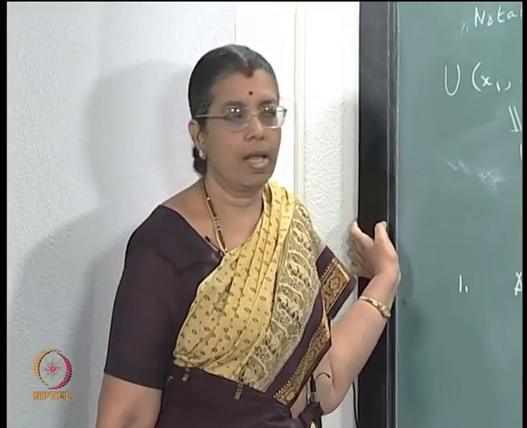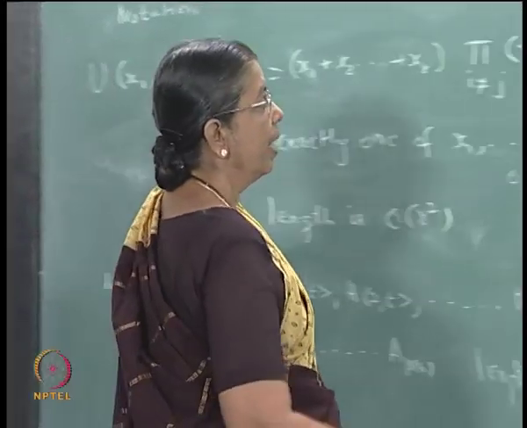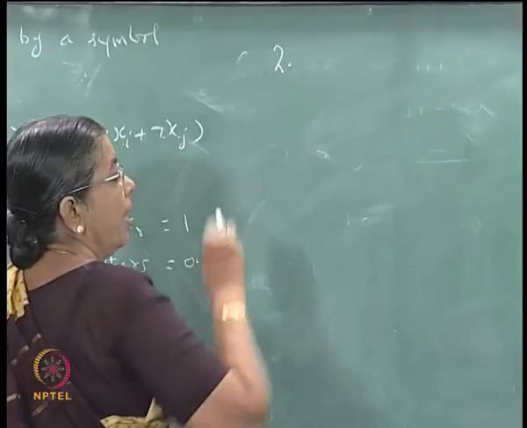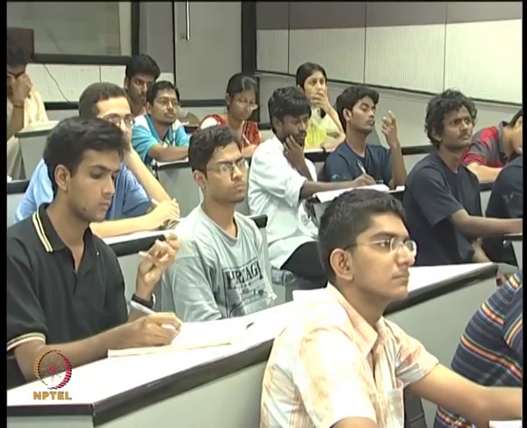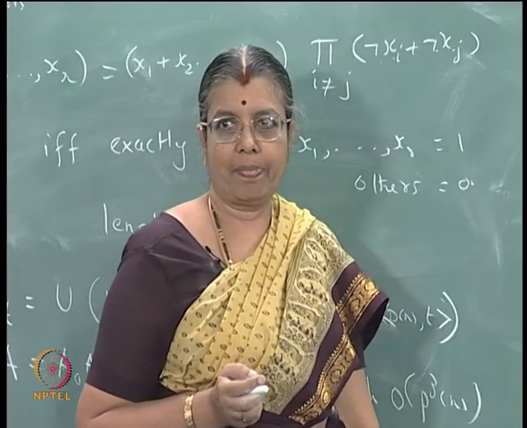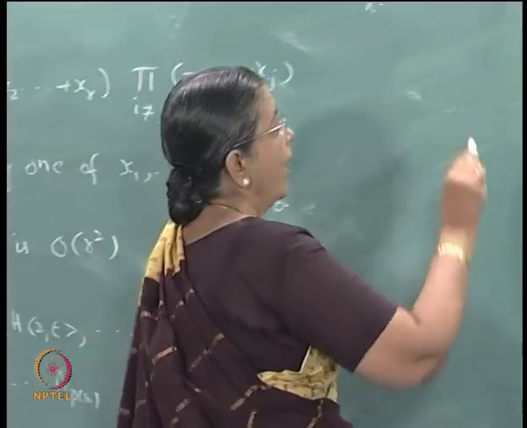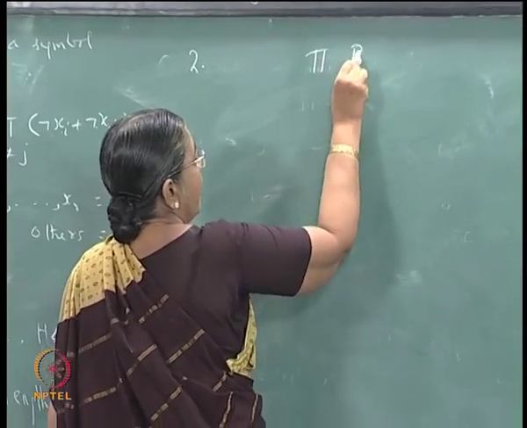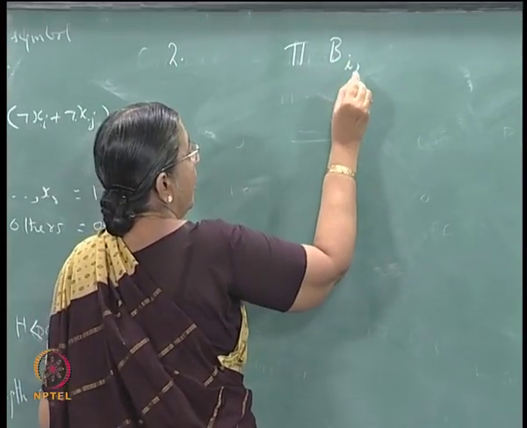The second condition is each cell contains only one symbol at a time. So, you write it as product over i, t.